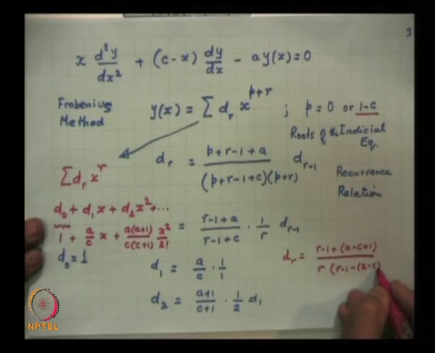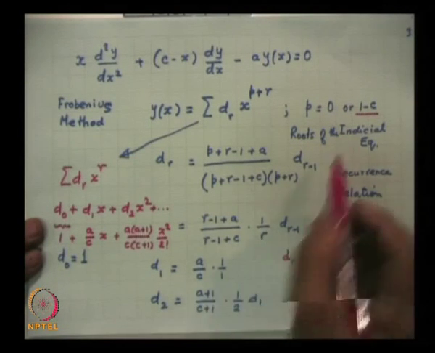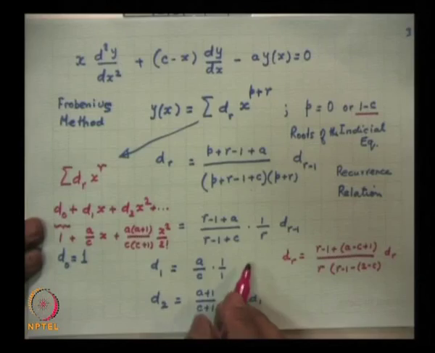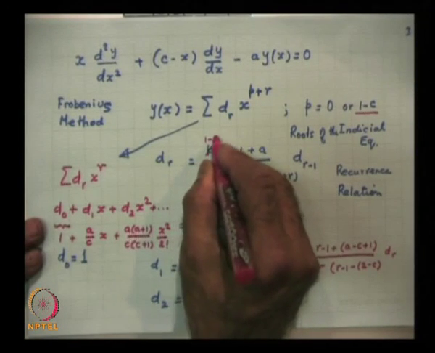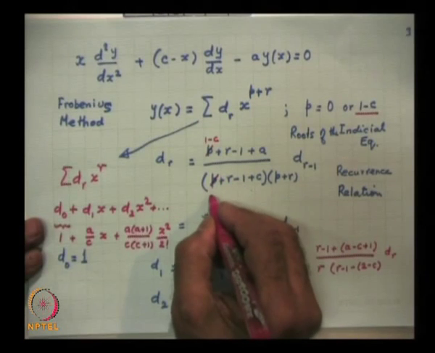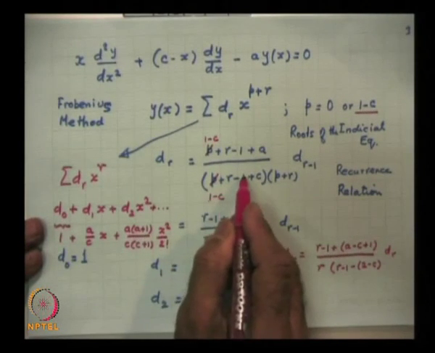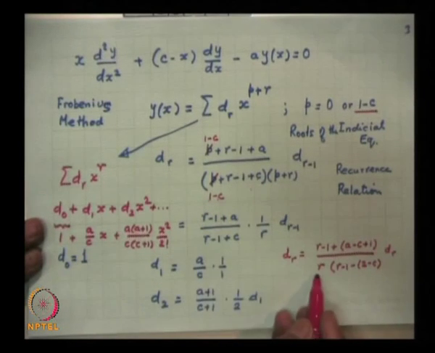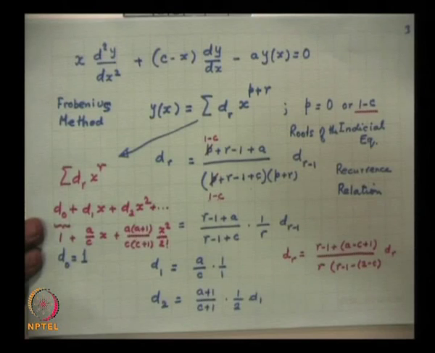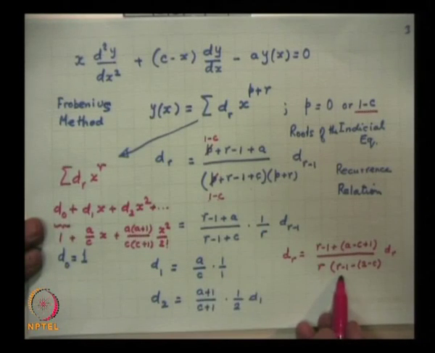If you just do a little bit of algebra, this will come out, because if you put p equal to 1 minus c, so this becomes 1 minus c, this becomes 1 minus c. So, 1 and 1 cancel out, c and c cancel out, and r comes out, and this comes out to be 1 minus c plus r.